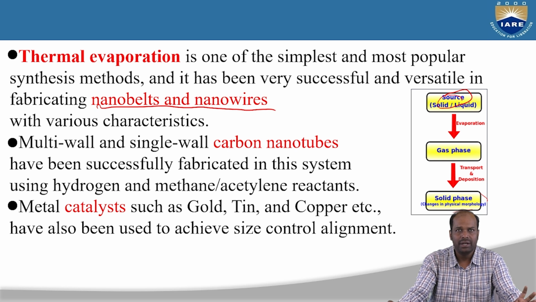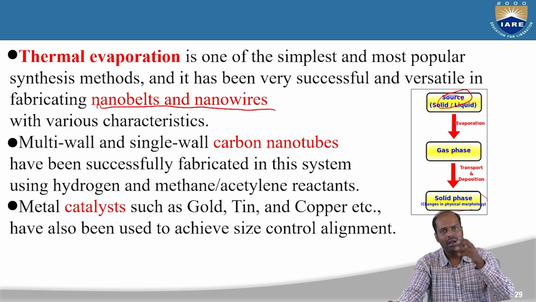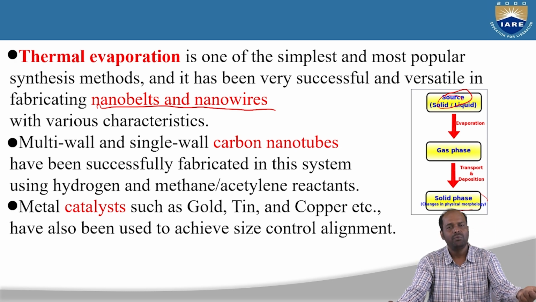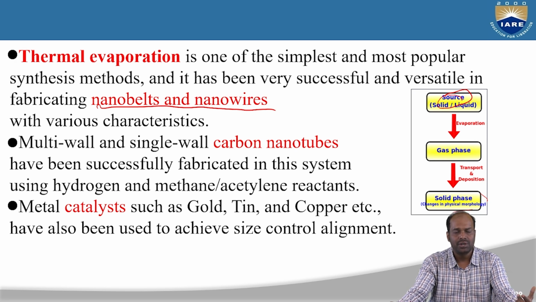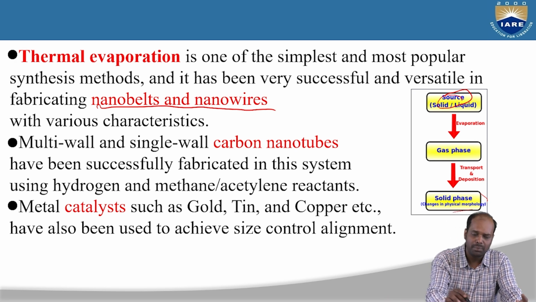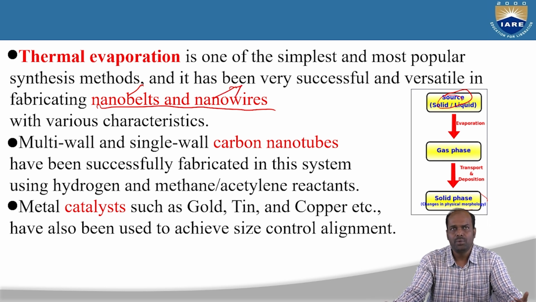Based on what kind of nanostructure you require, we need to opt for the precise synthesis technique. Physical vapor deposition and thermal evaporation are useful for nanobelts and nanowires preparation.